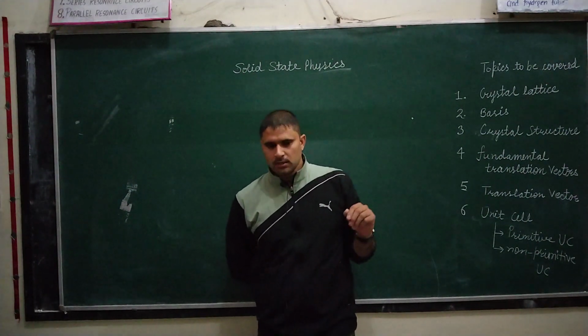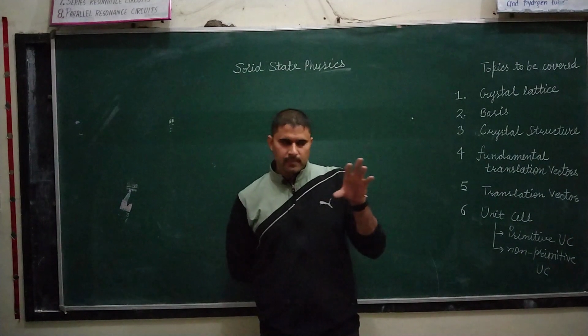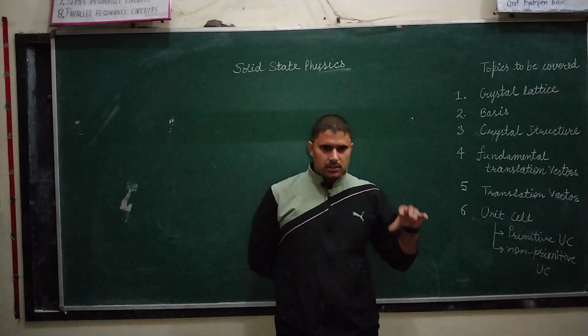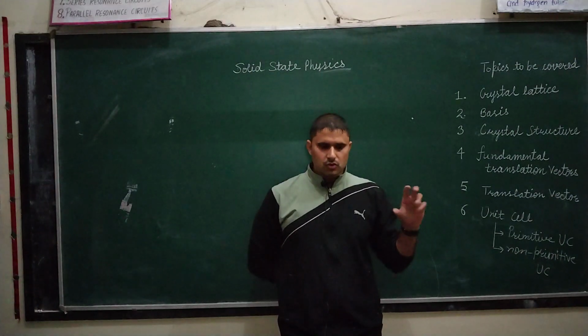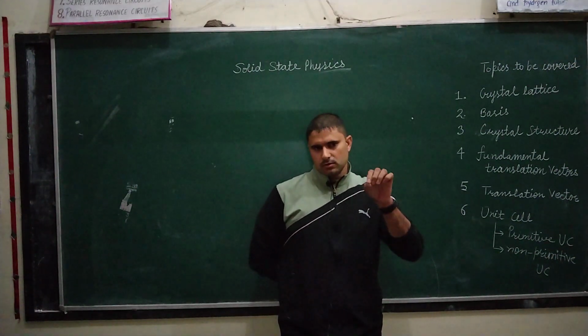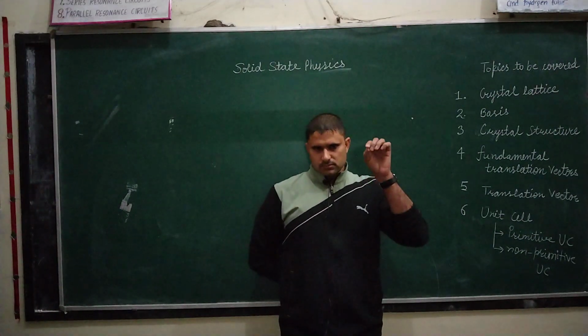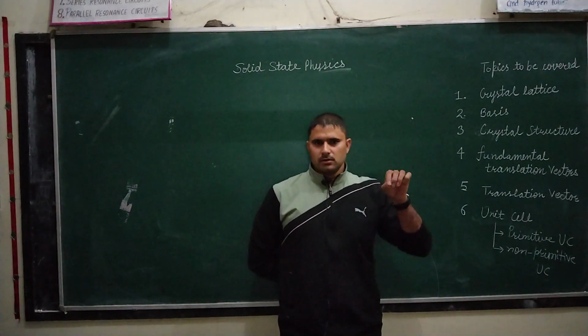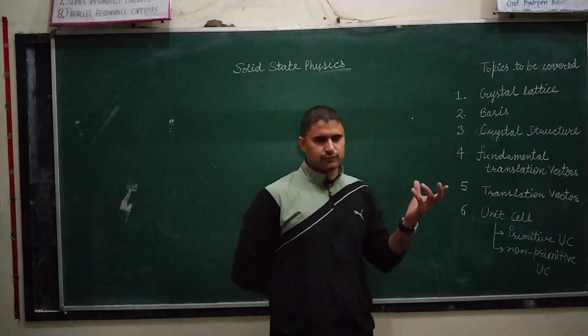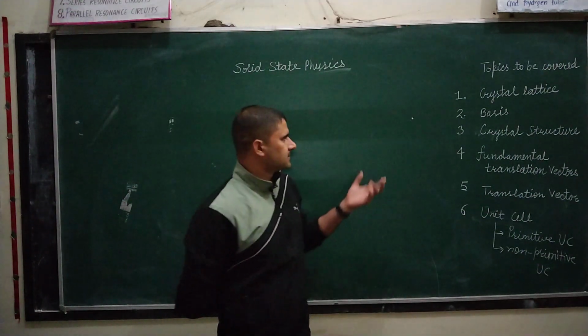I am saying that crystals are the solids in which constituent particles are arranged in some definite order. So how can you study, how can you draw a meaningful logic, meaning or theory of such kind of solids which are of much importance.